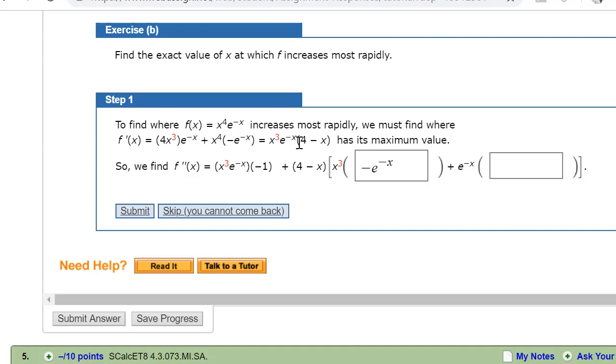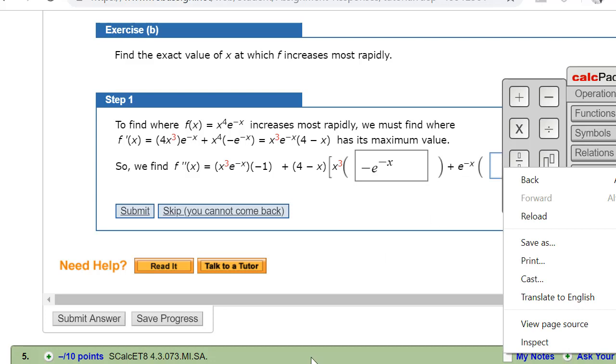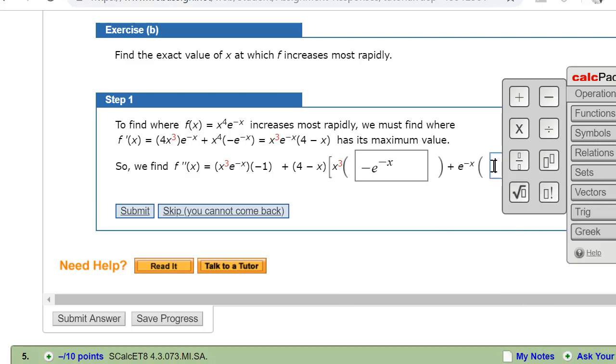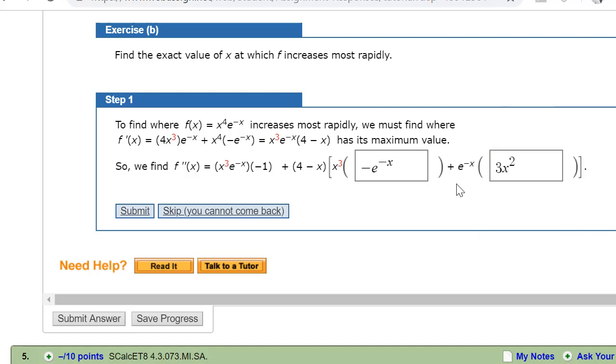And then the last term over here, we have 4 minus x times e to the negative x, and we need the derivative of x cubed. This is going to be 3 times x squared, 3 times x to the second power, but we're also missing the factor of 4 minus x, so that's not accounted for here.